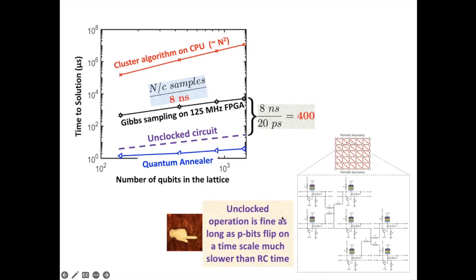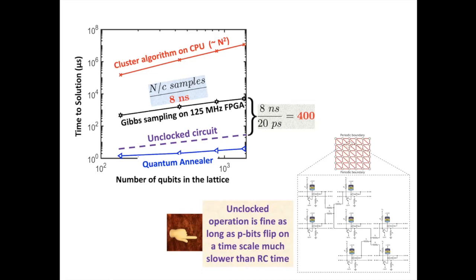Now, one thing you might wonder is, this one doesn't have any clock, but don't we have to worry about coloring, namely making sure the reds and the blues don't update simultaneously? What we have found is that it actually doesn't matter as long as the p-bits flip on a time scale that is much slower than the RC times.